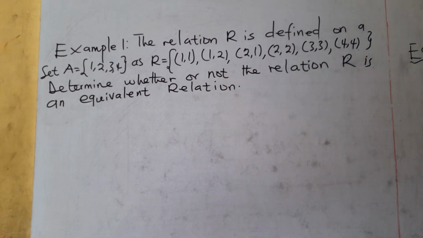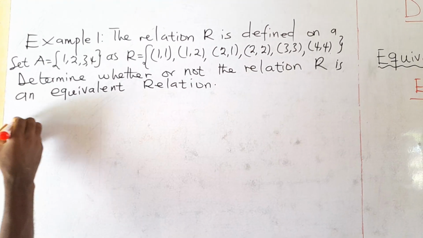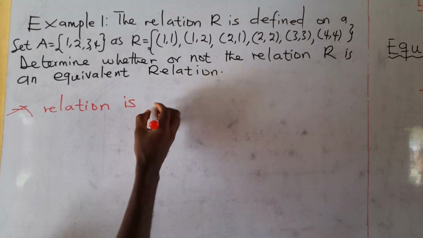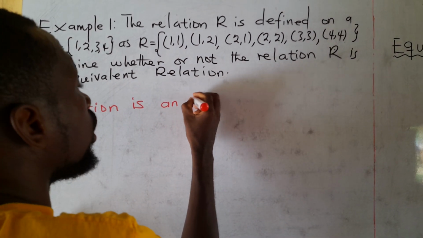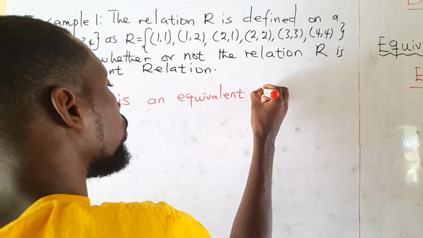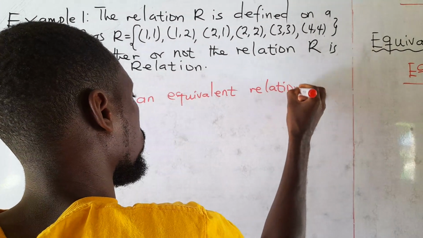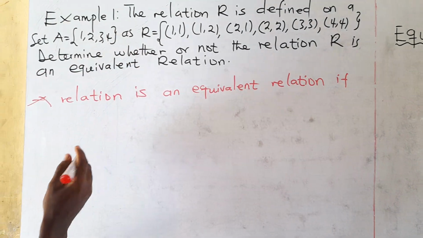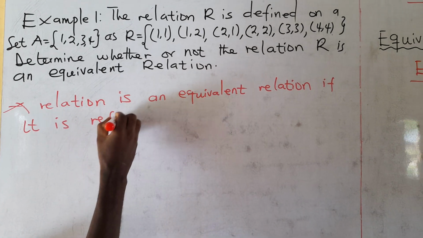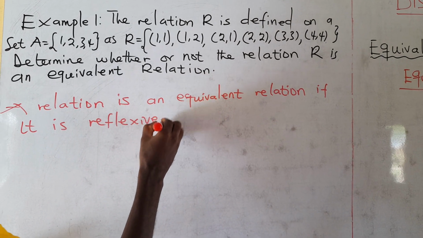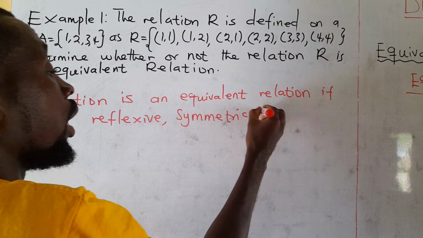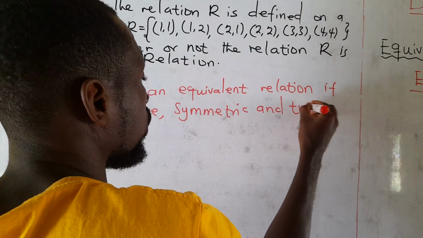So remember, we said a relation is an equivalent relation if it satisfies three conditions: if it is reflexive, symmetric, and transitive.